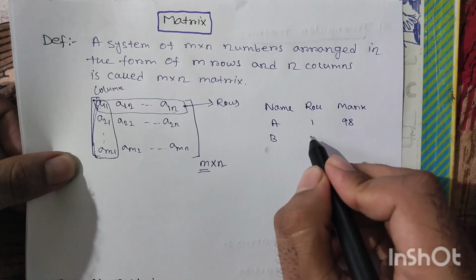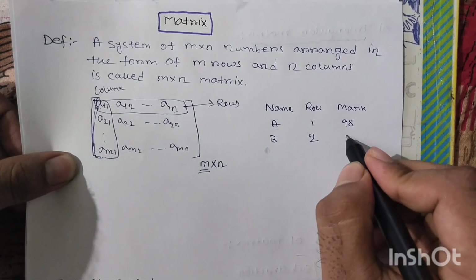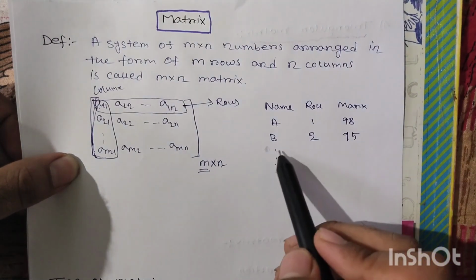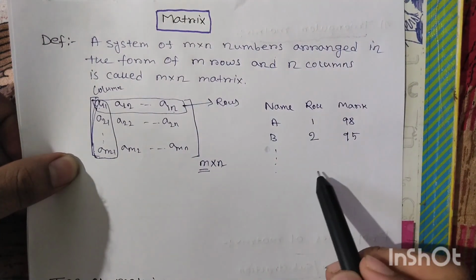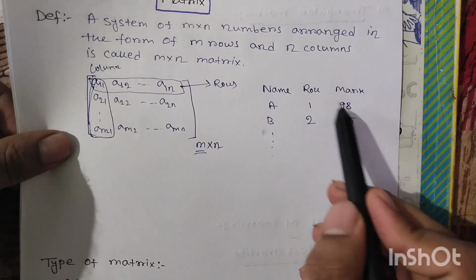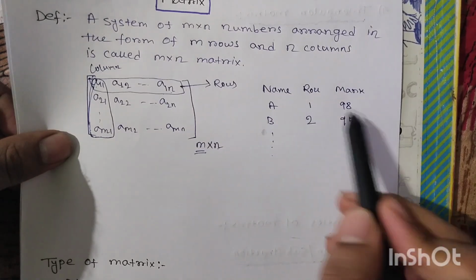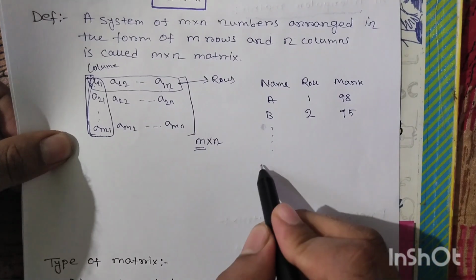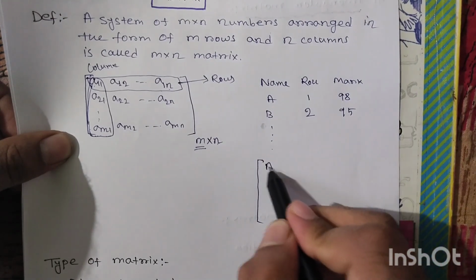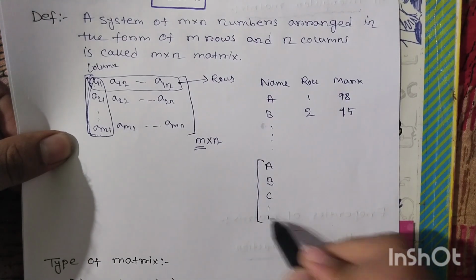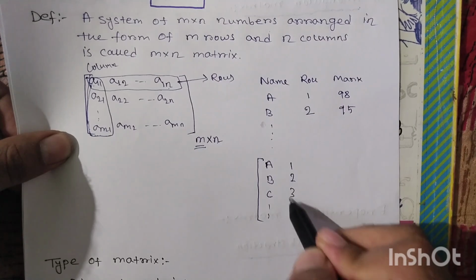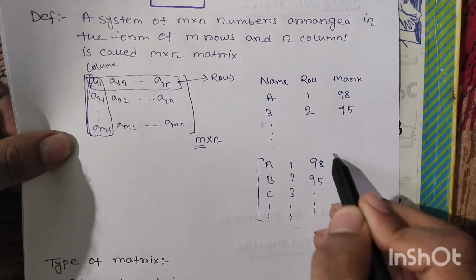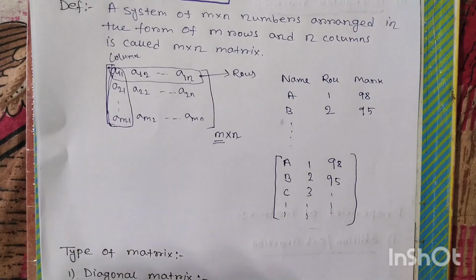Similarly, student B, roll number 2, and marks obtained 95, and so on. If we want to arrange this data, how can we arrange it? This can be arranged by matrices like this. There are so many applications, but here is an example of matrices.